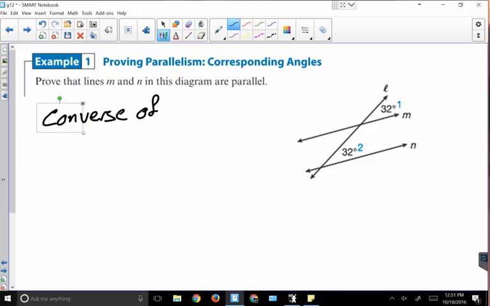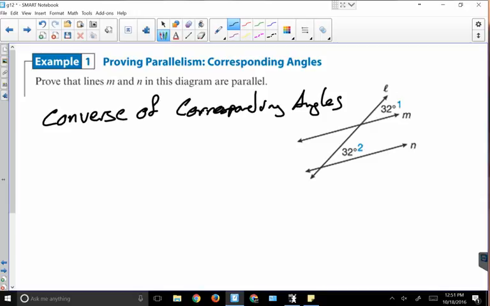Converse of corresponding angles. Sometimes it doesn't work very well writing it out, but that's all it is. That's what you need to be able to state. What allows us to state that? Converse of the corresponding angles postulate says if I've got angles that are congruent and I got a transversal and I got two lines, they must be parallel. That's all it is.